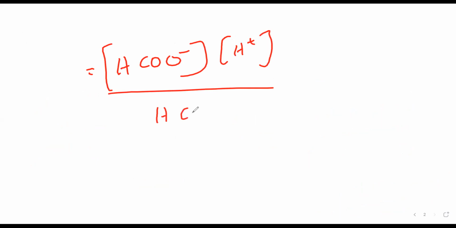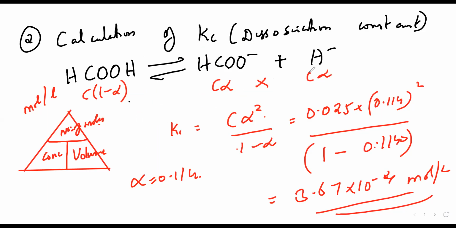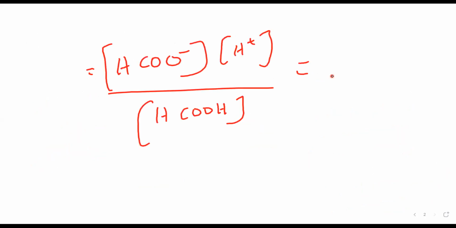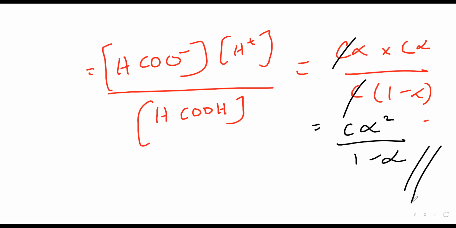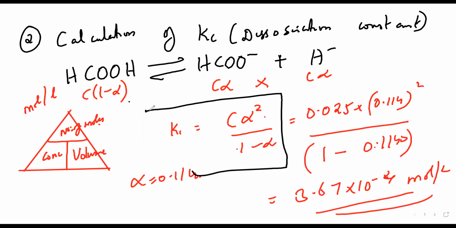On the left hand side, HCOOH. Correct? C into 1 minus alpha should come in the denominator, and C alpha and C alpha in the numerator. So that is what I'm writing here: C alpha into C alpha by C into 1 minus alpha. Here 1 C and 1 C will get cancelled. So C alpha square by 1 minus alpha. For those who haven't understood how I got it directly, I'm showing this.